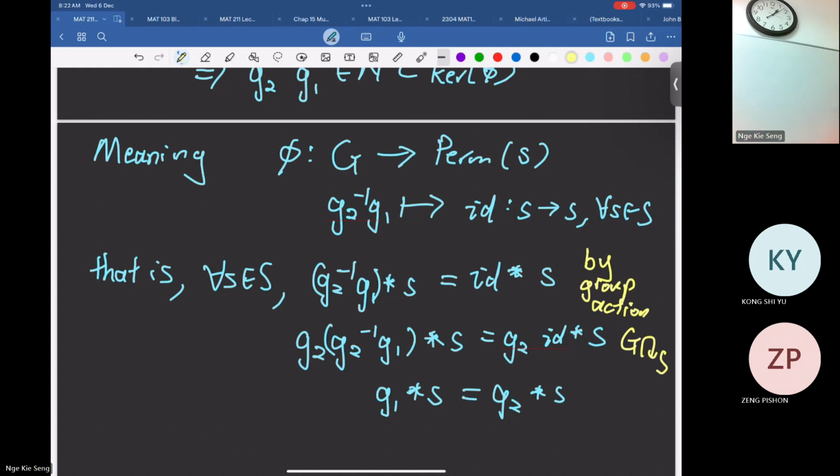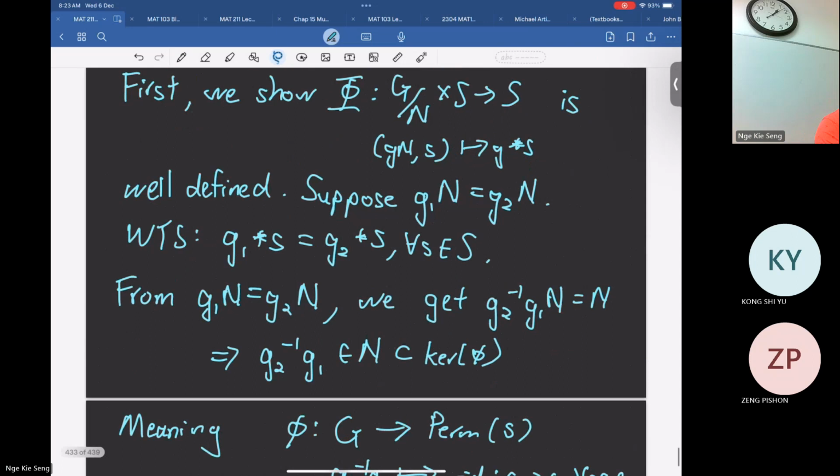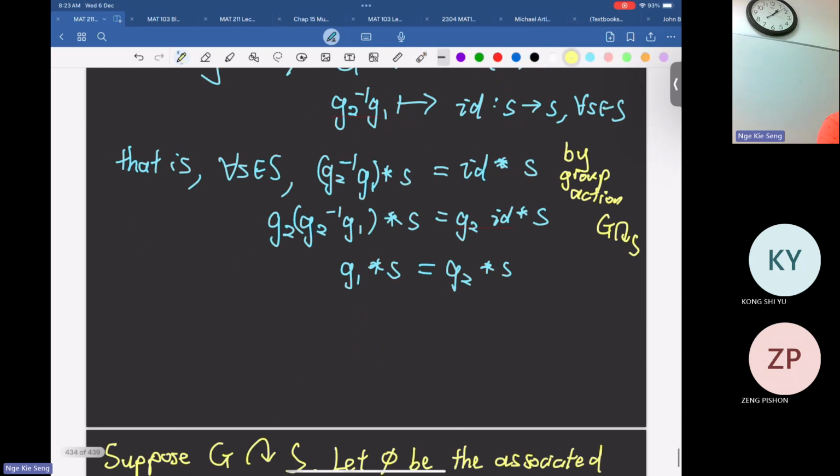So we can combine these group elements within G. Okay, so this proves that the induced action is really well defined.